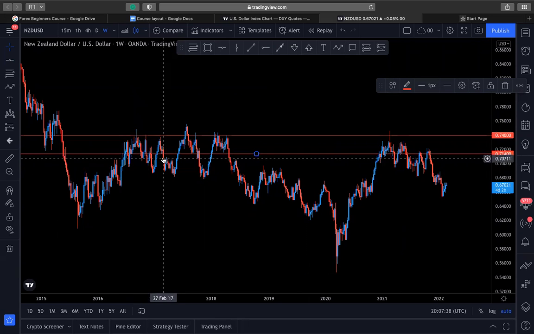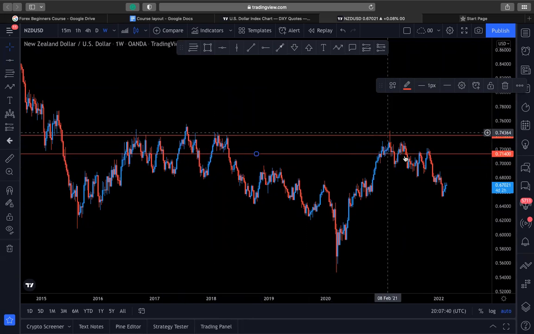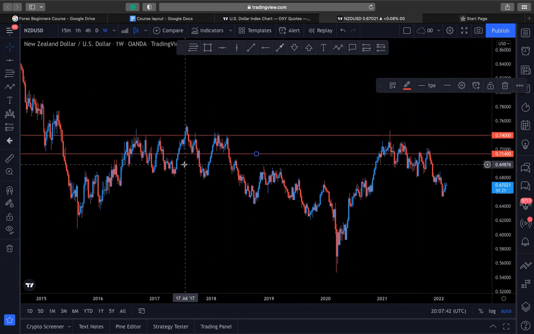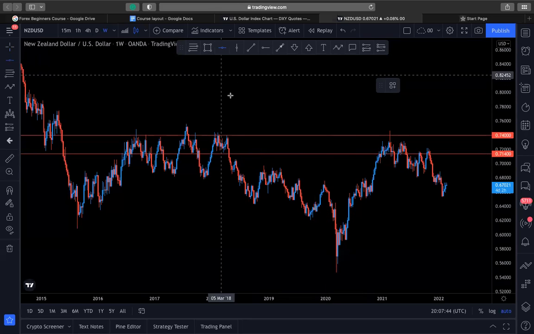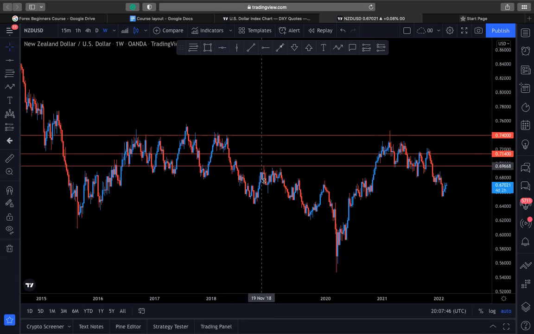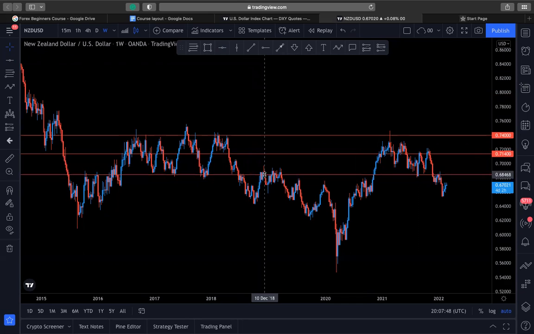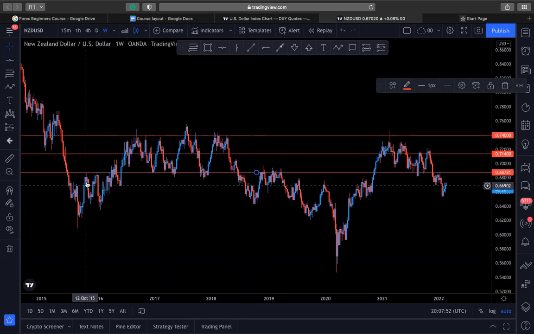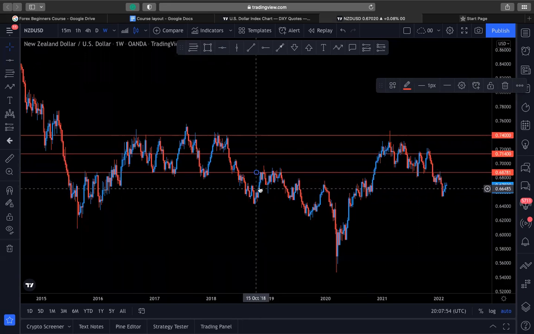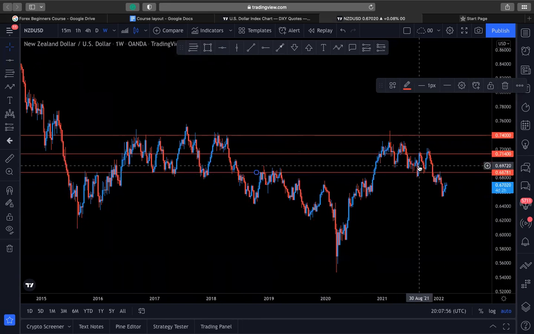General support, nice areas, support, resistance. So I'll put that level there. I'll grab another horizontal line and bring this down to this level right here. Resistance, support, resistance, support, resistance, right?